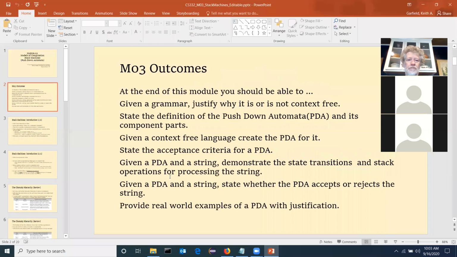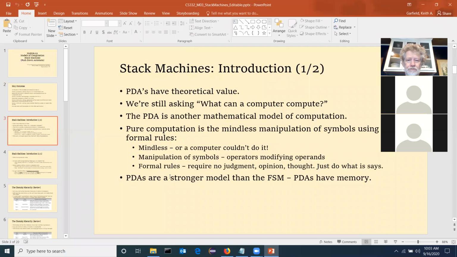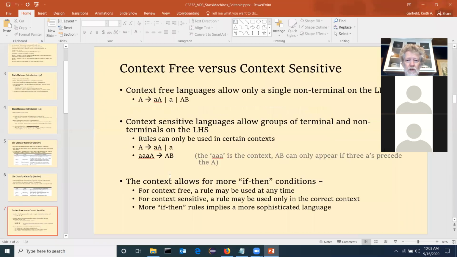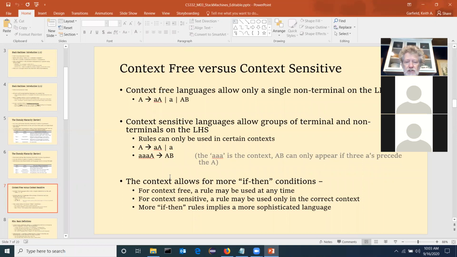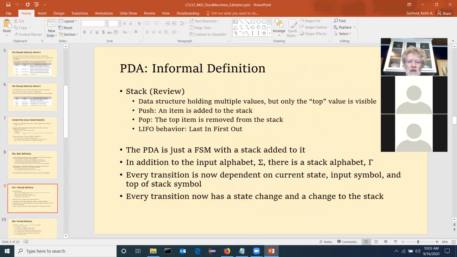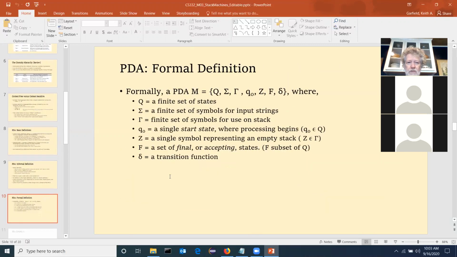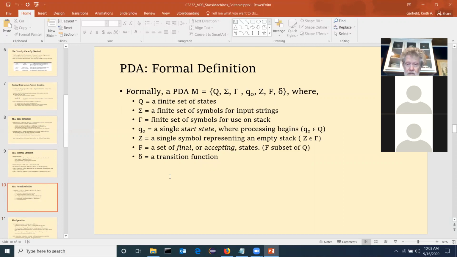Okay, so these things are just like finite state machines, but they have a stack. And because they have a stack, remember, we have to do some additional actions to take that into account. The actions that we have to do is add a stack alphabet, because the alphabet for the stack doesn't have to be the same as the alphabet for the input symbols.